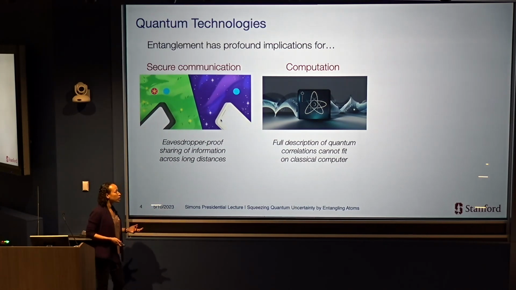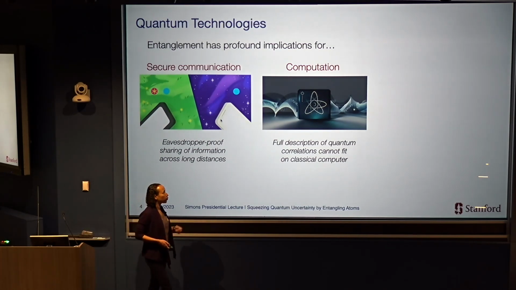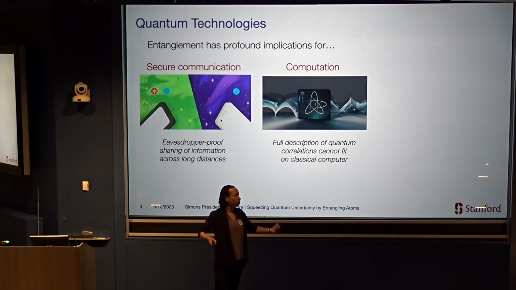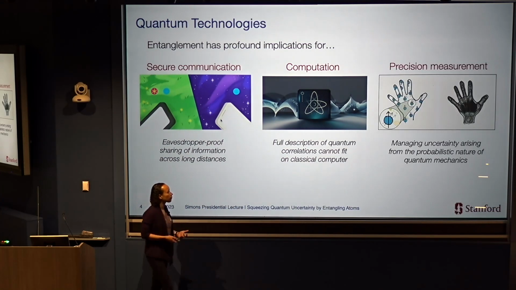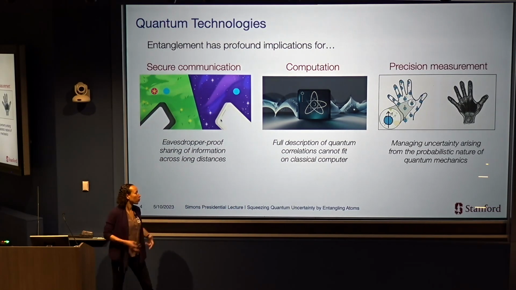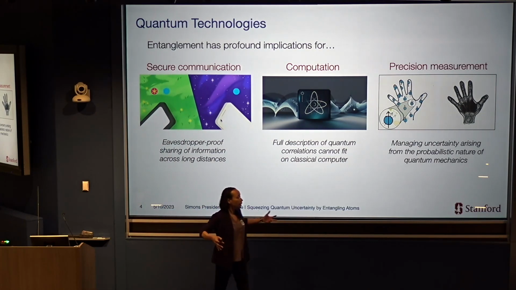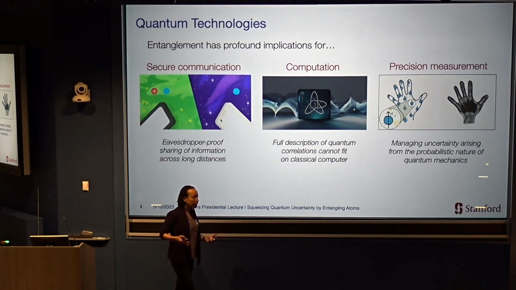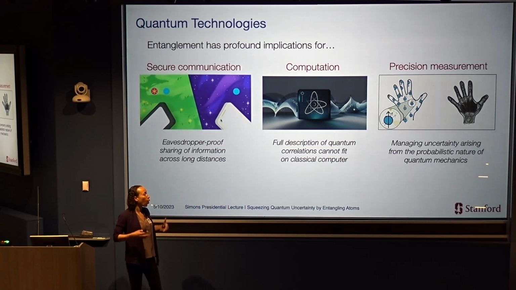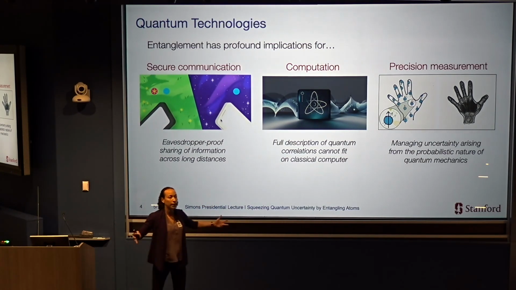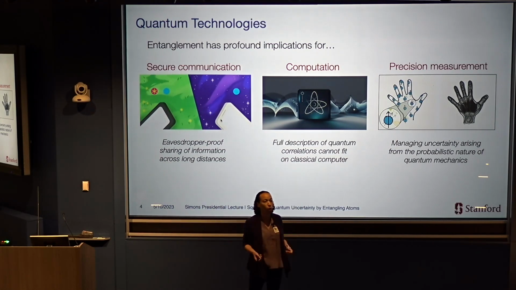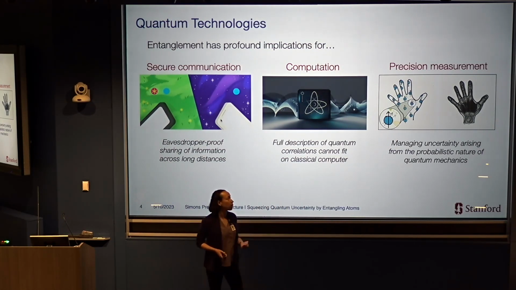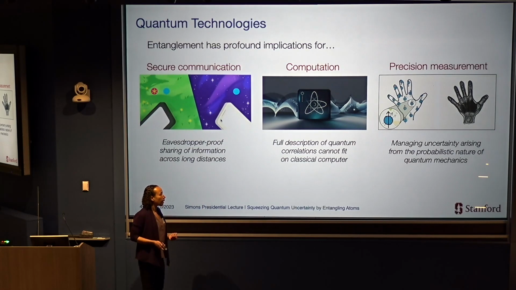That has implications for computation and for perhaps leveraging entanglement to enhance computations. And the third direction, which is the one I was asked to tell you about today, is the fact that the probabilistic nature of quantum mechanics inherently gives rise to quantum uncertainty. But entanglement can actually be a resource when we're faced with quantum uncertainty for maximizing the precision of measurements.